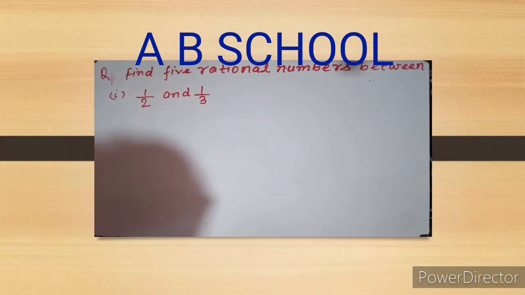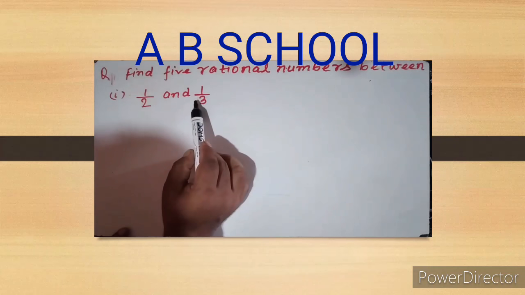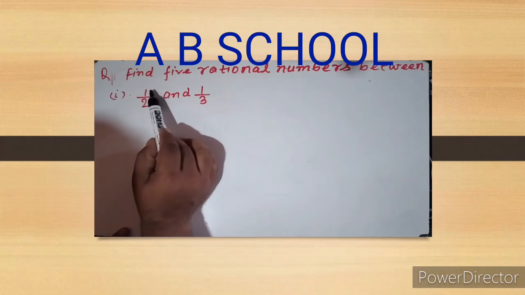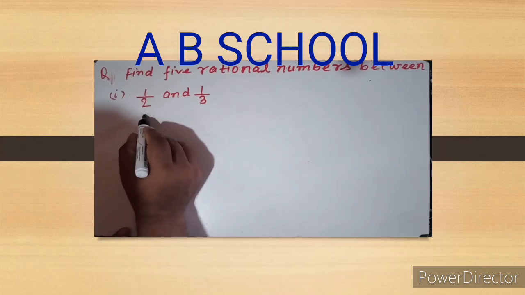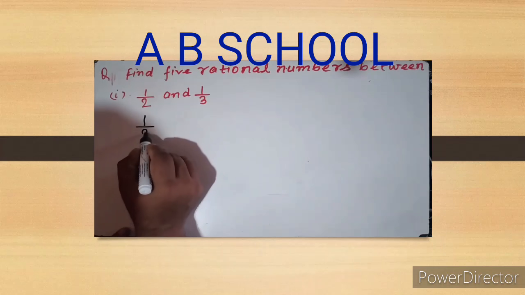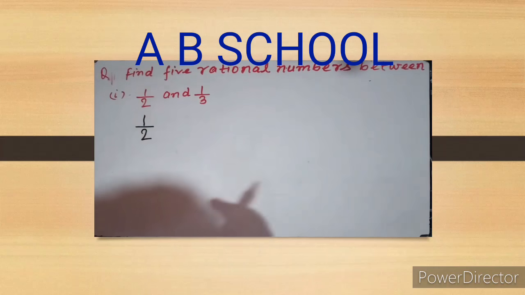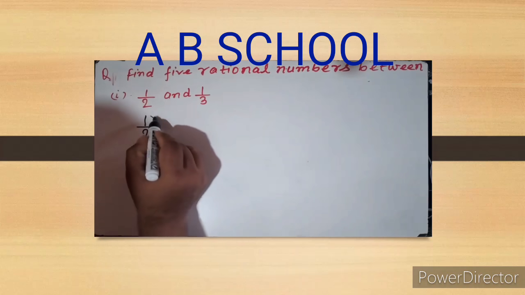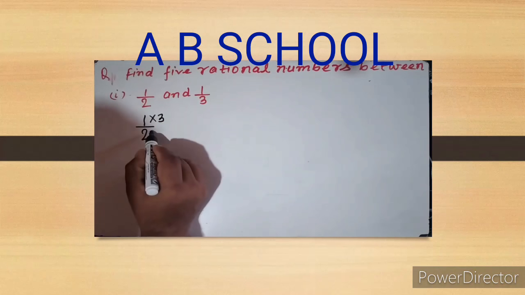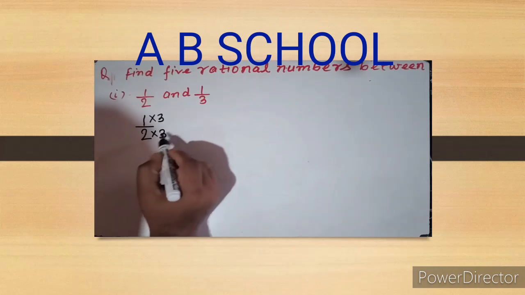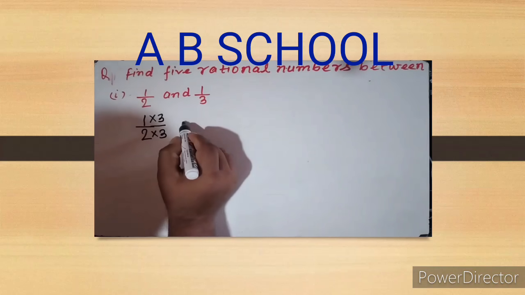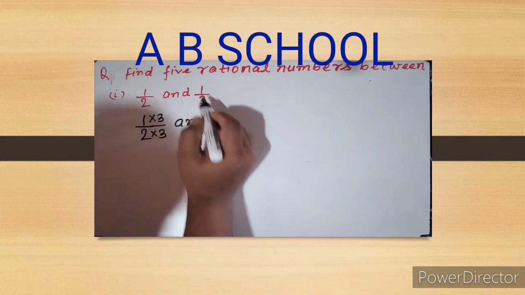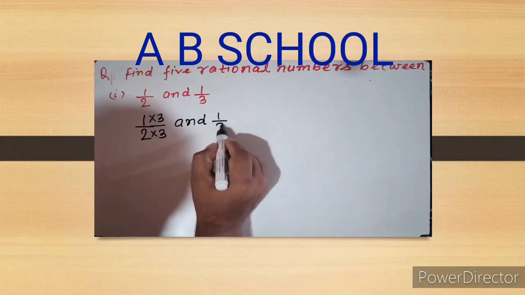I have convinced you a technique. You will take the denominator of this one rational number and you will multiply this one rational number's numerator and denominator. Like I have written over here 1 by 2. You will take this denominator which is 3 and you will multiply this numerator by 3 and this denominator also by 3. You will take this one rational number which is 1 by 3.